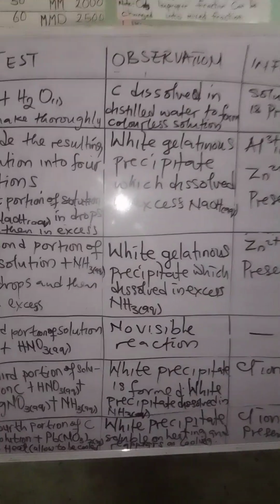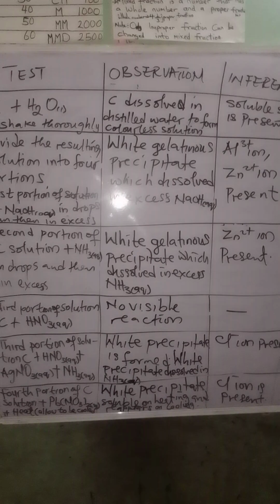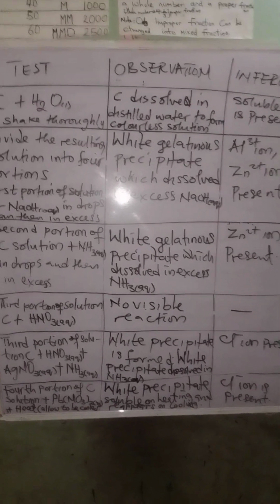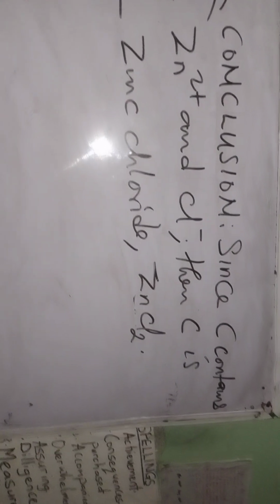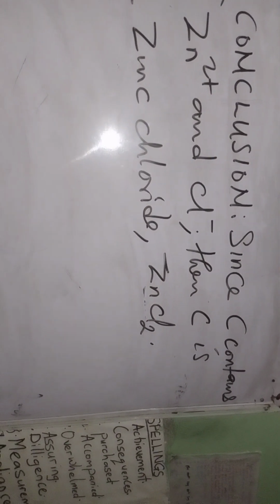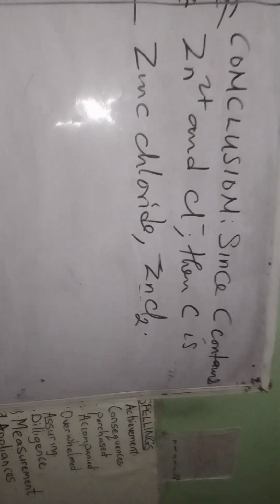You will discover that we have been able to identify zinc 2 ion and chloride ion. Then your conclusion will be that since C contains zinc 2 ion and chloride ion, C is zinc chloride, ZnCl2.